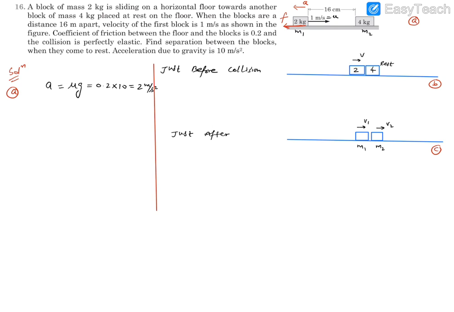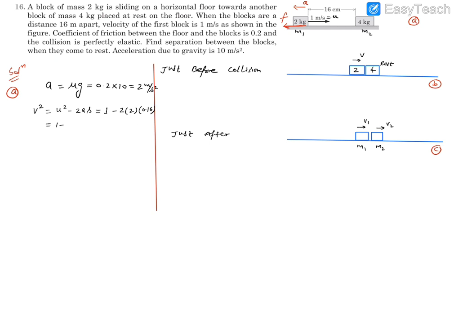For that sake, it has to travel how much distance? 16 centimeter. So we write the final velocity, and it covers the distance, so we can use the third equation. This is a constant acceleration, right? So we can use this constant acceleration equation: v square is equal to u square minus 2as. Now u square means the square of 1, 2a means 2 times 2, and displacement means 0.16 in meter.